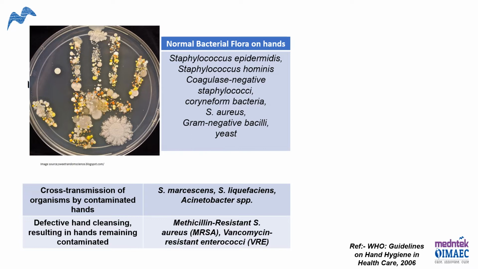So the cross transmission of organisms by contaminated hands will cause an infection of S. marcescens, whereas because of defective hand cleansing, methicillin resistant Staphylococcus aureus and vancomycin resistant enterococci are the organisms which are going to cause infections, and MRSA and VRE infections are the deadliest infections because these are antibiotic resistant strains.